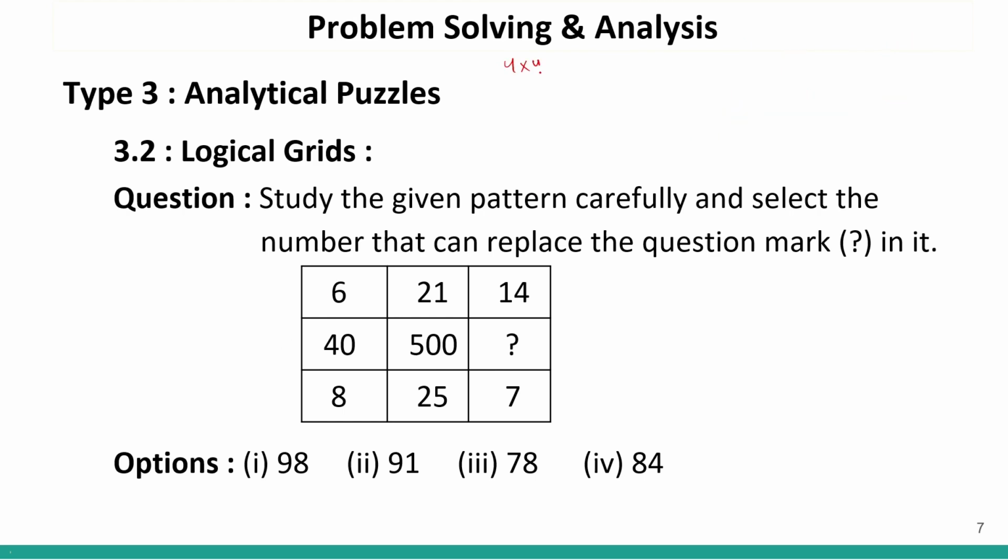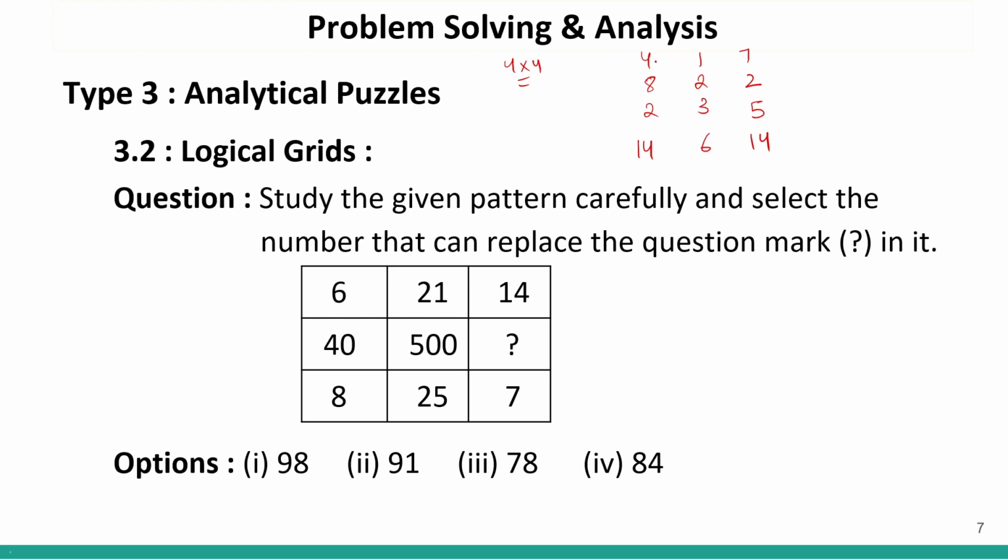Let us say that it is a 4 into 4 grid. Something like 4, 8, 2 and 14, 1, 2, 3 and 6 and 7, 2 and 5 and 14. So this is a 4 into 4 grid.